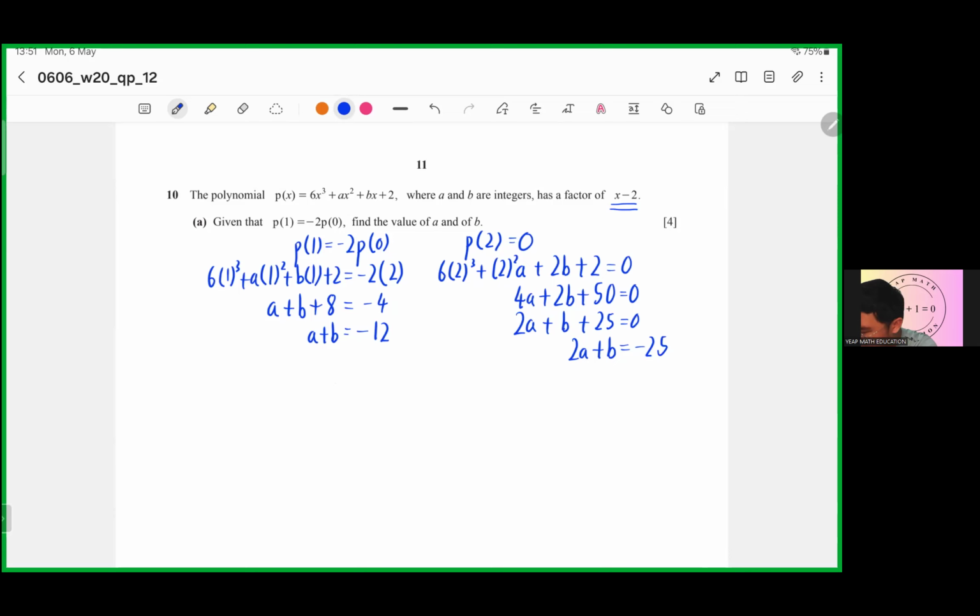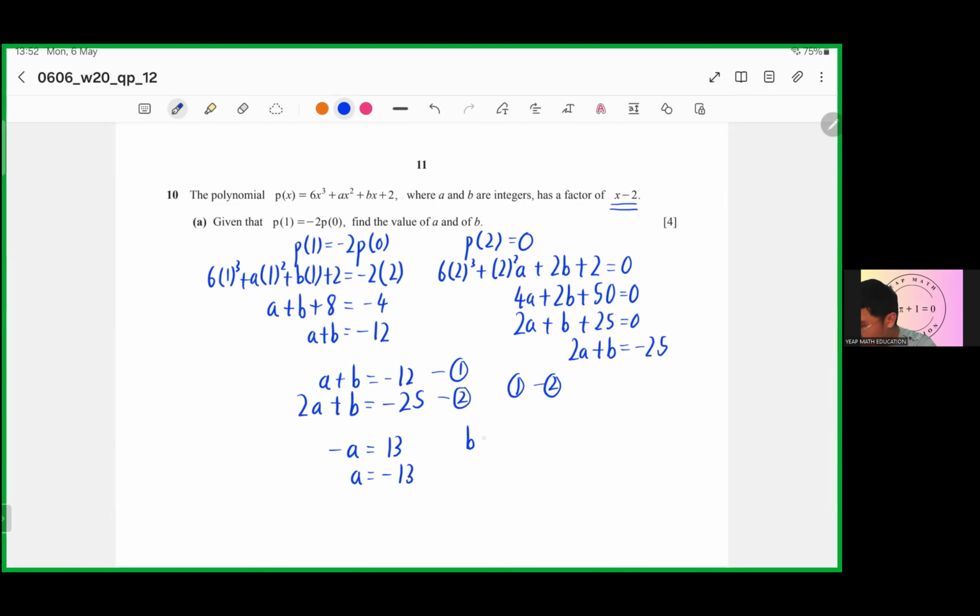So I will use the elimination method to solve these two linear equations. I take the first minus the second, so I get negative a equals 13, so a equals negative 13.